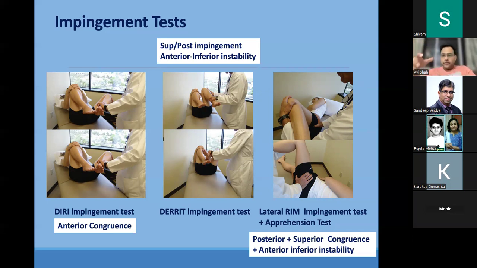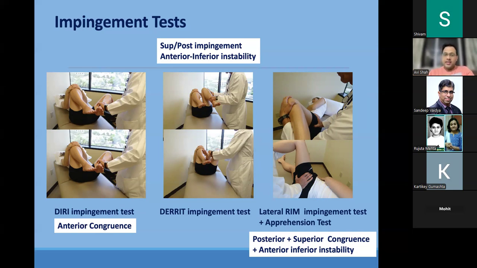Usually with abduction and internal rotation, if the patient complains of groin pain, this shows there is an issue with anterior congruence, or there is anterior FAI that might be causing pain. Once you do that, in the same sitting, I adduct and internally rotate, which is the anterior impingement test, which I will show you later.